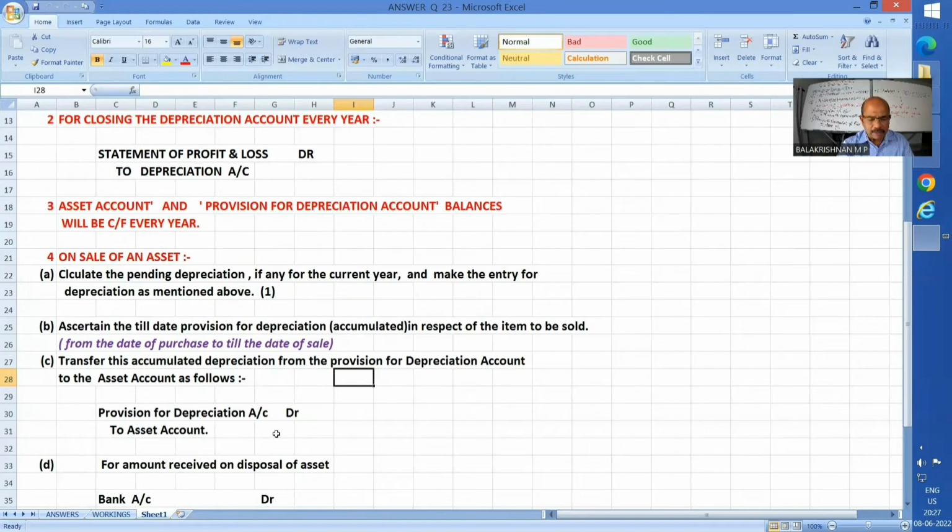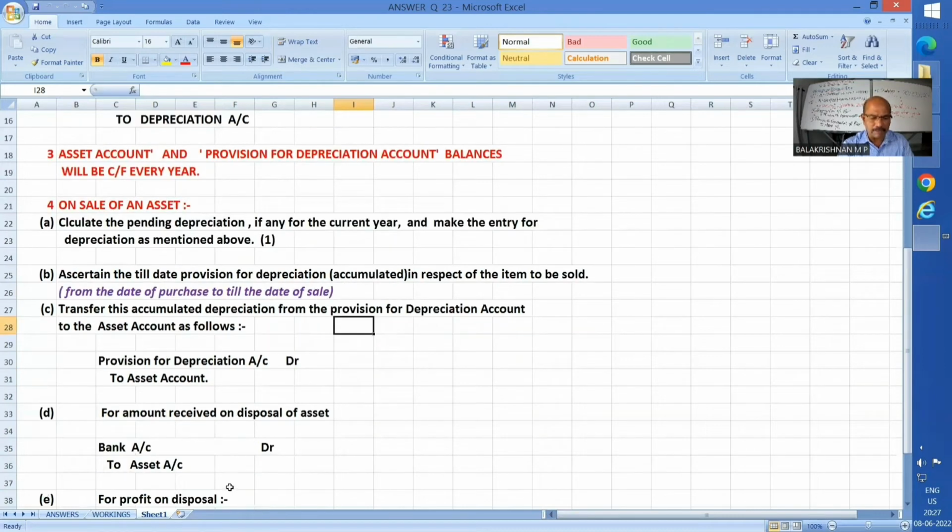And the book value of the asset is arrived at in the asset account by bringing the accumulated provision to the credit side of the asset account. Okay, right. Next, for amount received on disposal of asset, that you know well, bank to asset account.